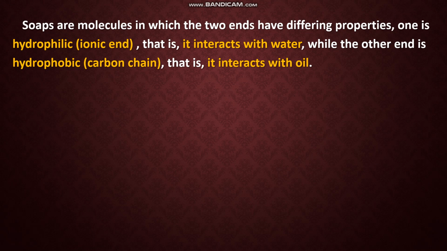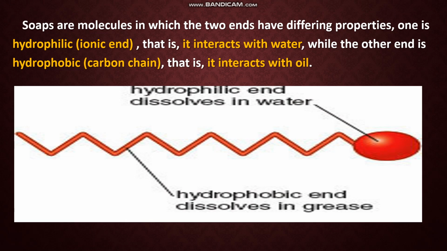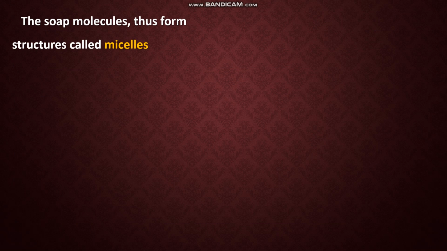One is a hydrophilic or ionic end, that is, it interacts with water, while the other end is hydrophobic, that is a carbon chain, that is non-polar, that is, it interacts with the oil. So here this is the hydrophilic end or which dissolves in water, and this is a hydrophobic end or non-polar end which dissolves in grease or oil.